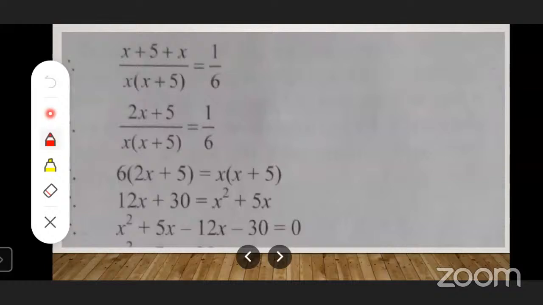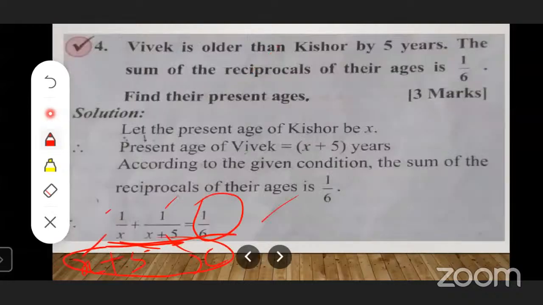When we cross multiply, we will get this step: X plus 5 plus X upon X into X plus 5 is equal to 1 upon 6. See what we have done here. We have multiplied here with X plus 5, and here multiplied with X. Means what we are getting? We are getting the denominator as X into X plus 5.